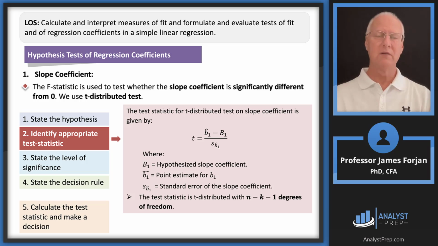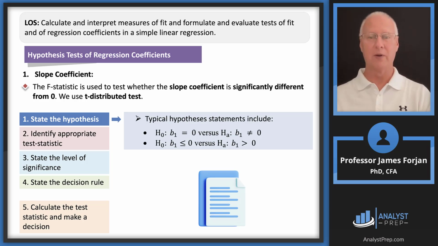Now, I'm really curious as to why the reading emphasizes the F-statistic here. It is an appropriate test, but the F-stat tests whether the individual slope coefficient is different from 0. But the t-test, let me go back here quickly, could be that we're testing that the slope coefficient is equal to 0, or it could be less than 1 or greater than 55 or whatever it is.